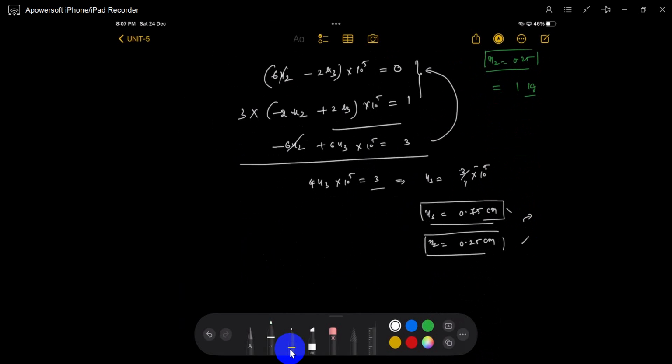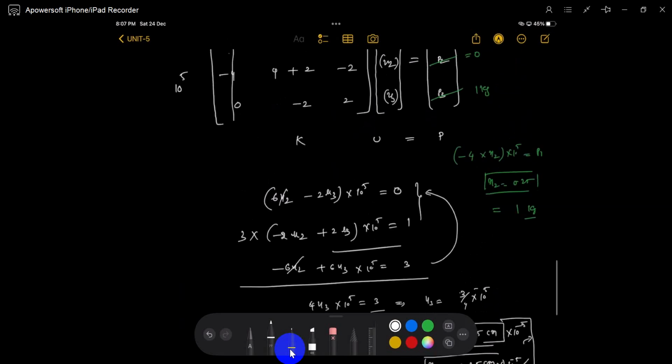So these values are 0.75 into 10 power minus 5 centimeters, not 0.75 centimeters. Now it comes to 0.25 into 10 power minus 5; multiply with minus 5 and 5, you can cancel it, and you get minus 1 kg. That's the p1, minus 1 kg.